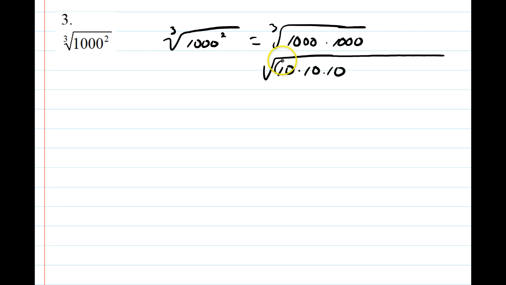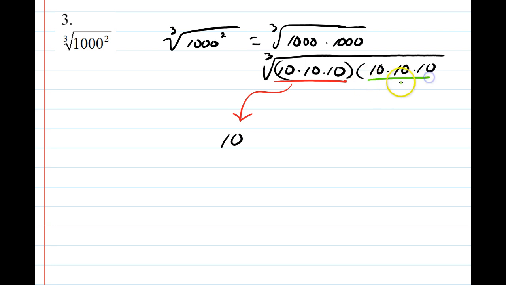And then I have another set of 10 times 10 times 10. And so since we're looking for the cube root, I have my group of 3. So it means that 10 gets to come out. I have my other group of 3, so that gets to come out. There's nothing left on the inside, and so 10 times 10 equals 100.